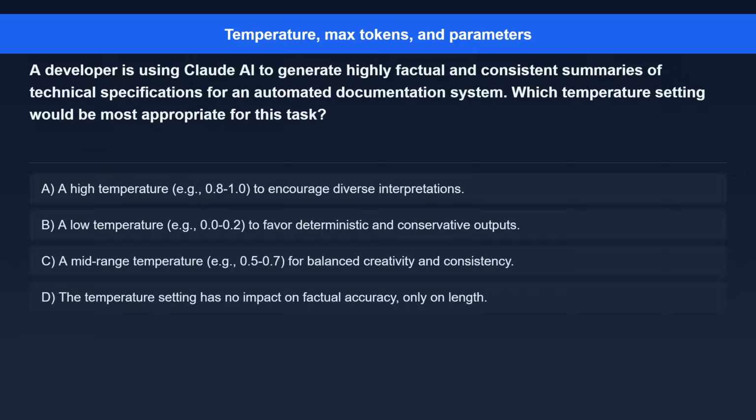Option B. A low temperature, e.g., 0.0 to 0.2, to favor deterministic and conservative outputs. Option C. A mid-range temperature, e.g., 0.5 to 0.7, for balanced creativity and consistency. Option D. The temperature setting has no impact on factual accuracy, only on length.